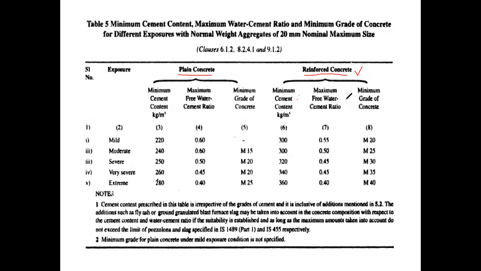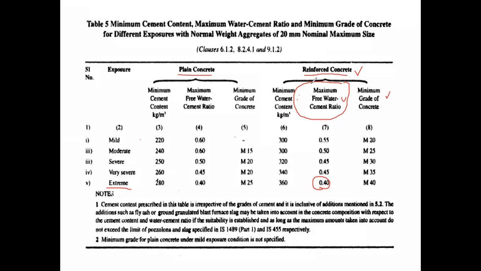Minimum cement content, maximum water cement ratio, and minimum grade of concrete, and they have provided 5 exposure conditions here. In the second step, we are going to find the maximum water cement ratio. For this reinforced concrete, they have given the extreme condition, so the value is 0.4. Have you all got it?